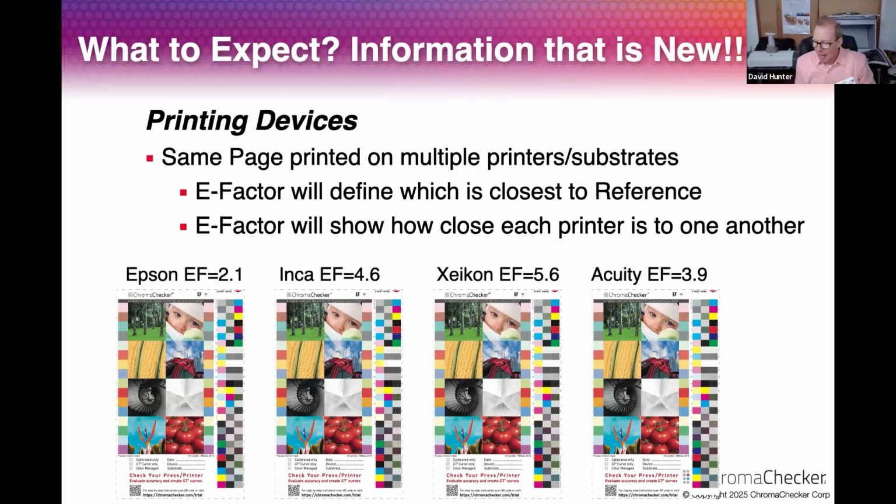And I had a customer recently who was using a Canon device, and the Canon inkjet device was nice and consistent, but it wasn't accurate. For whatever reason, it wasn't accurate. And for his Canon device, they had to use the Canon toolbox to build a profile to dial it in. And so he went to his manager and showed him how his Epson was a 2 E factor to Grackle.